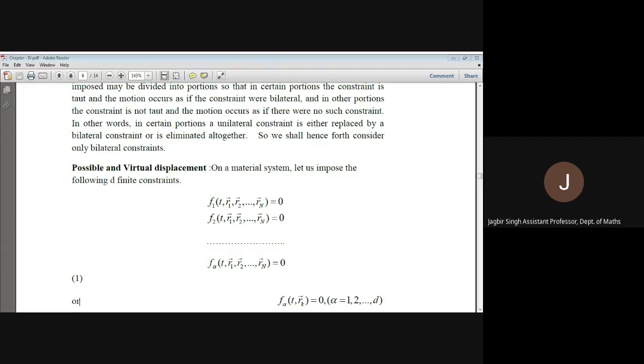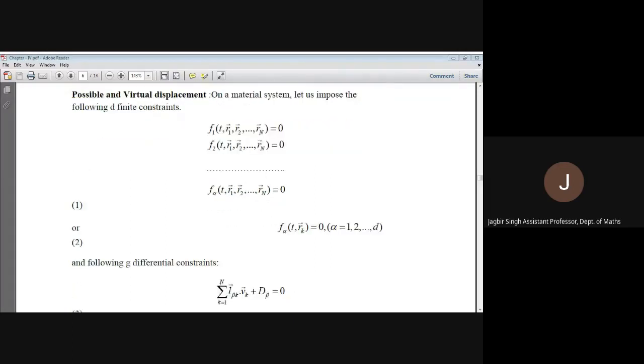Assume d finite constraints are imposed, means the number of finite constraints is d. That is f1(t, r1, r2, ..., rn) = 0, second one is f2(t, r1, r2, ..., rn) = 0, and last is fd(t, r1, r2, ..., rn) = 0. Represent these by f_alpha(t, r_k) = 0, where alpha lies between 1 and d.